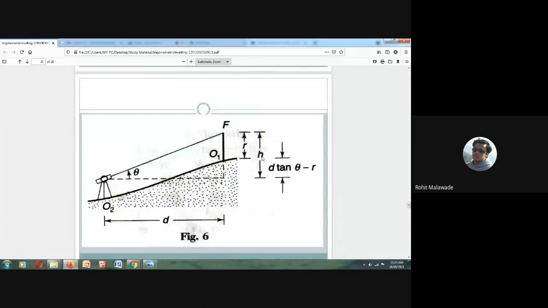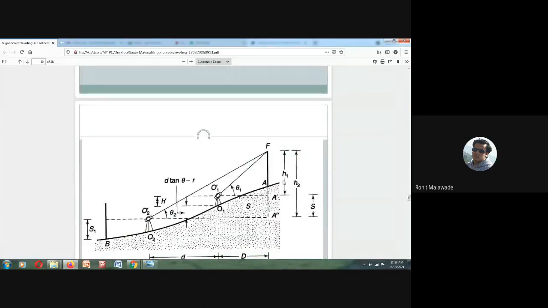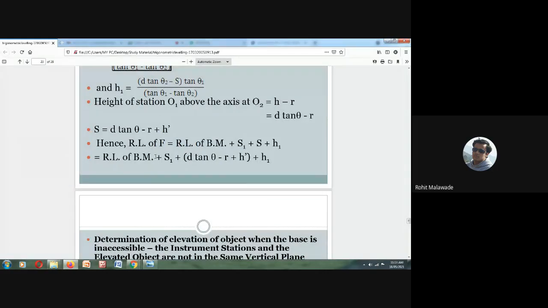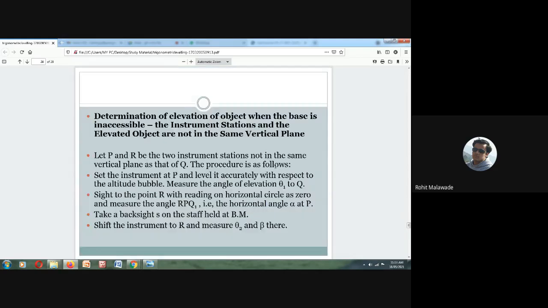H1 we have already calculated. So the benchmark plus S1 plus this S plus H1 gives us the solution. RL of BM plus S1 we already know, plus S, which is D tan theta minus R plus H dash plus H1. So this is how we can calculate it.